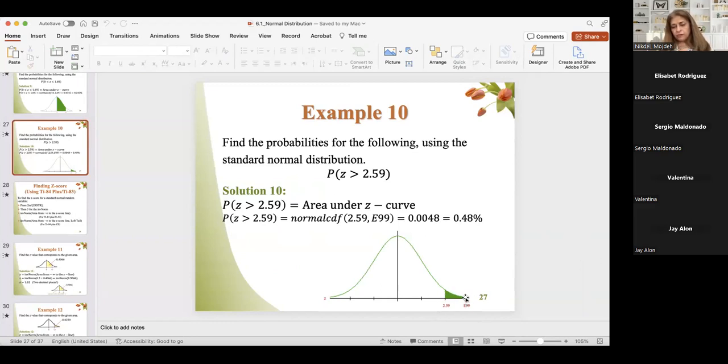The probability of z larger than 2.59 is normal CDF of the area of the shaded region: normal CDF of the left side of the green shaded region, 2.59, right side, positive infinity. So the area under the bell-shaped curve is the same as the probability.